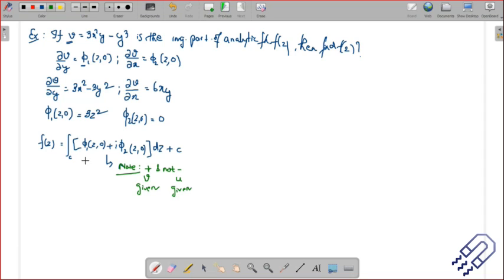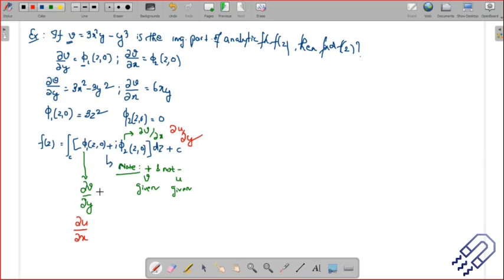When v is given, phi 1 is del v del y and phi 2 is del v del x. When u is given, phi 1 is del u del x and phi 2 is del u del y.